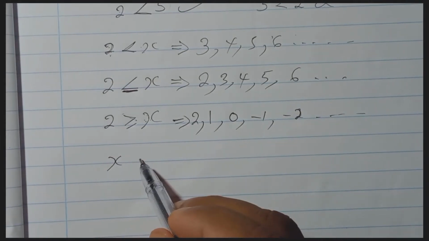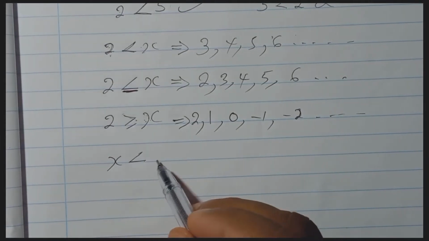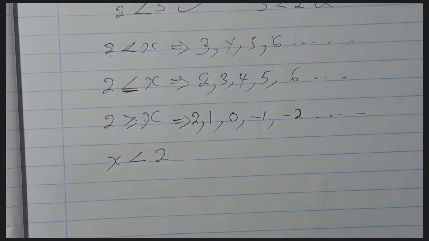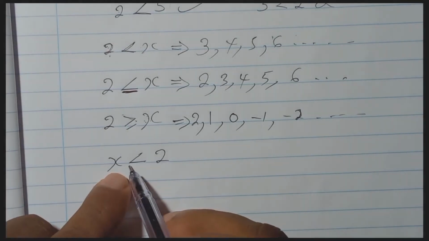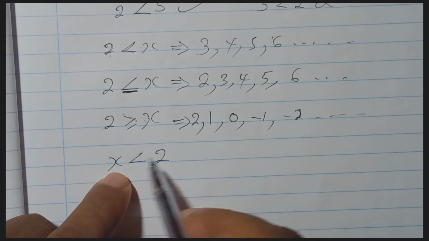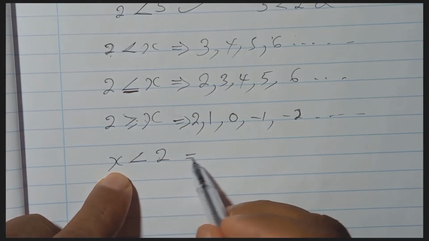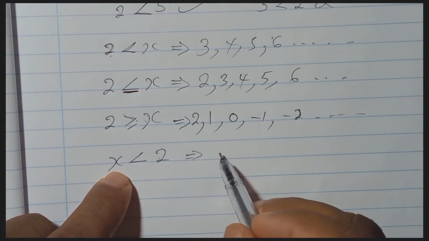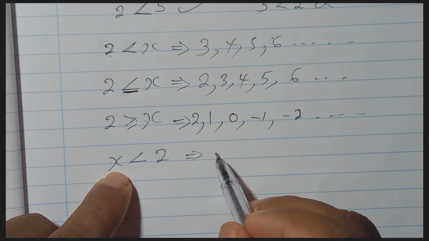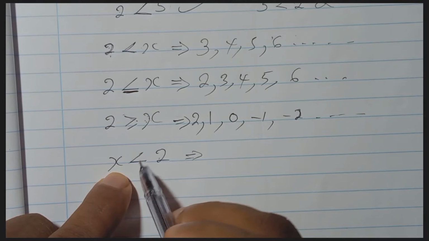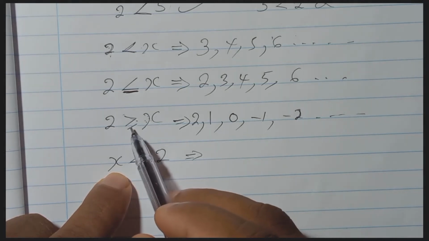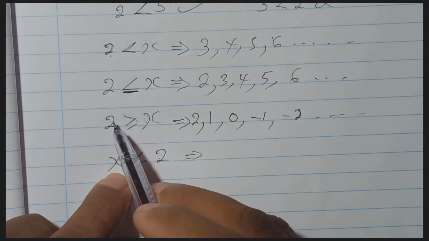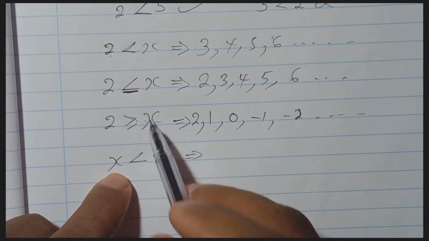I mean x less than 2. Now here, what is the idea? Here the x value should be less than 2, right? So what are the answers less than 2? Here you can't get 2 because there's no dash here, right? There was a dash in the other one, where we normally say 2 is greater than or equal to x.